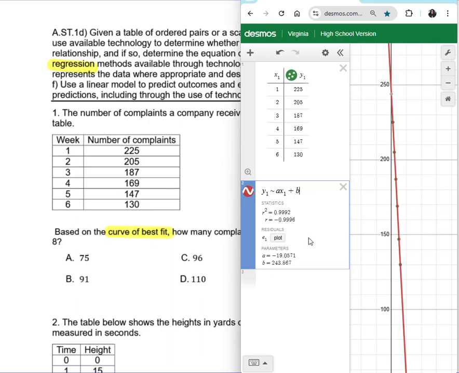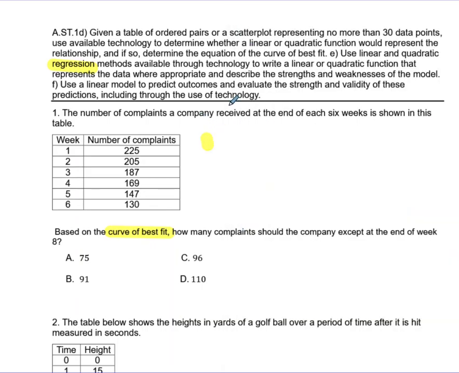So what do I need from this information? I need the A and I need the B, because my equation is in the form y equals ax plus b, where A is your slope and b is your y-intercept.